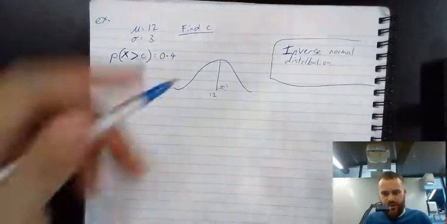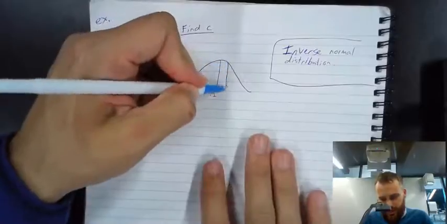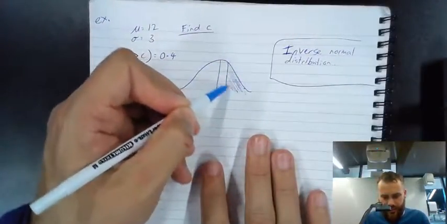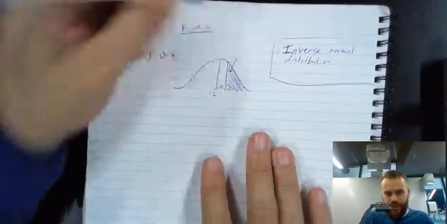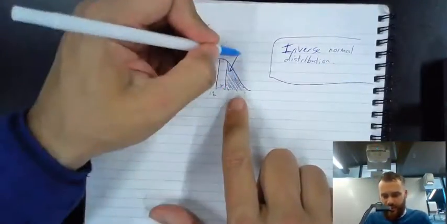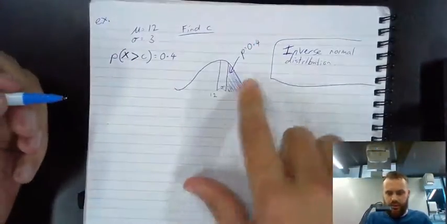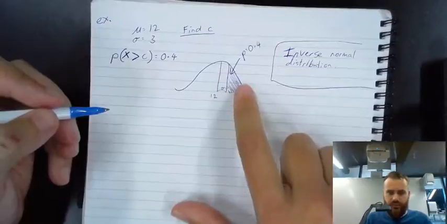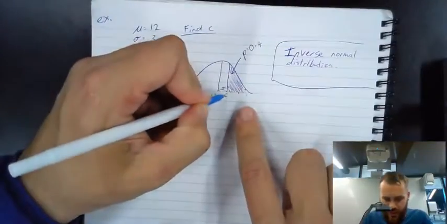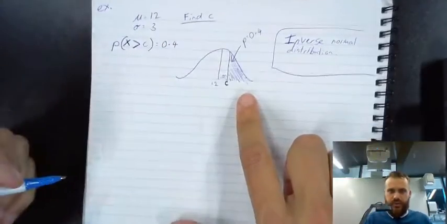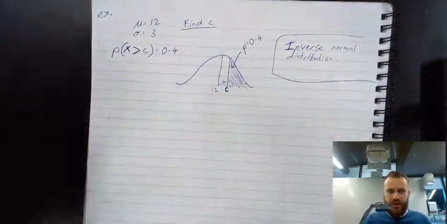So we're saying the probability that x is in here, the probability of this shaded area happening, is equal to 0.4. So if the probability of that happening is 0.4, we need to find out what this C number is here. That's the setup, that's the graph.